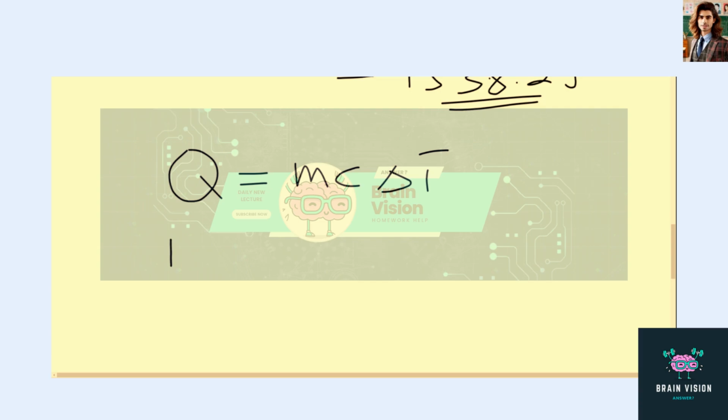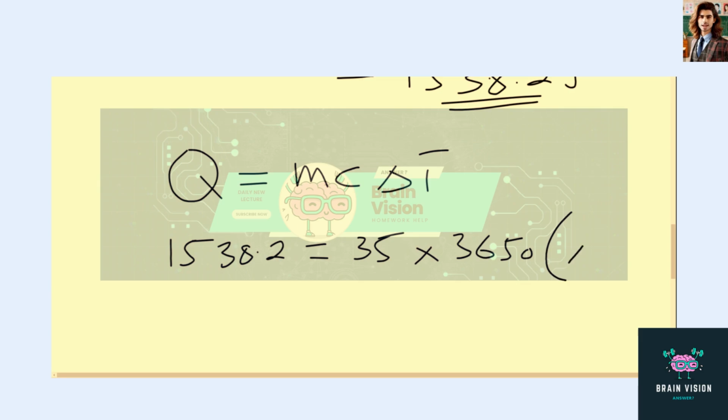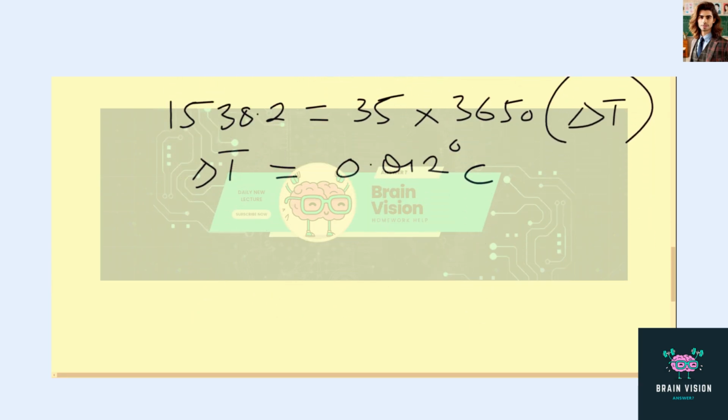Now we've already calculated Q, which is the heat generated or the work done by friction, as 1538.2, which is equal to the mass of the crate and its content, 35, times the specific heat capacity of the crate, which is given as 3.650, times delta T. So delta T is equal to, if you calculate, 0.012 degrees Celsius. So that is the temperature change.